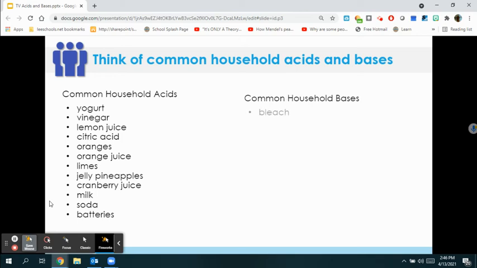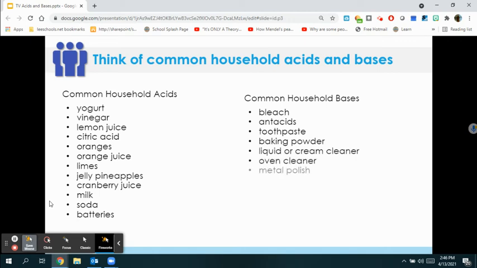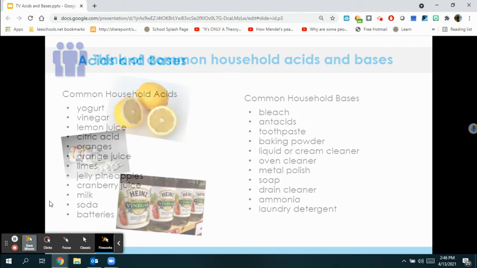Common household bases are bleach, antacids, toothpaste, baking powder, liquid or cream cleaner, oven cleaner, metal polish, soap, drain cleaner, ammonia, laundry detergent.